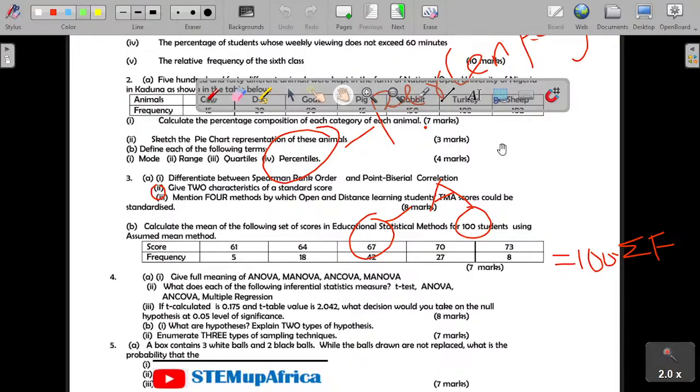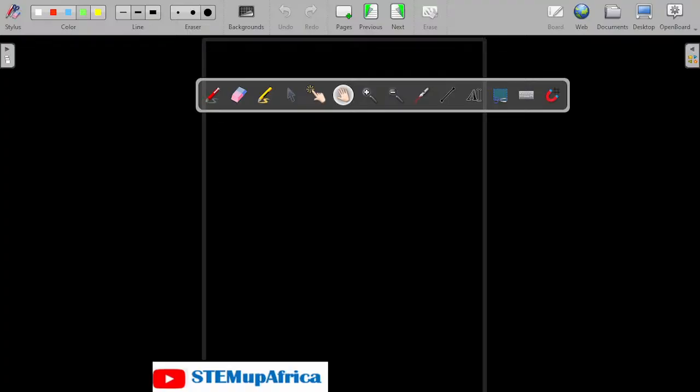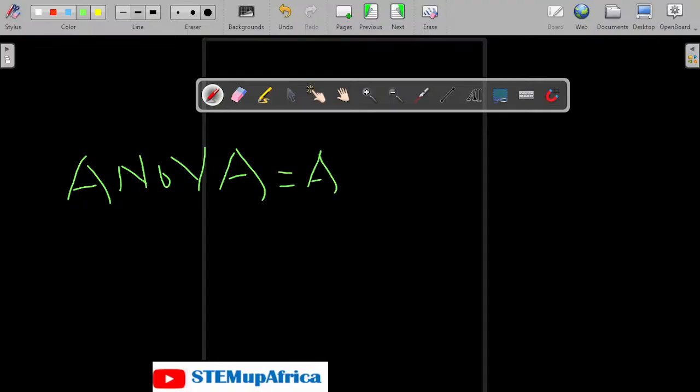The ANOVA, you can write it down, stands for analysis of variance.